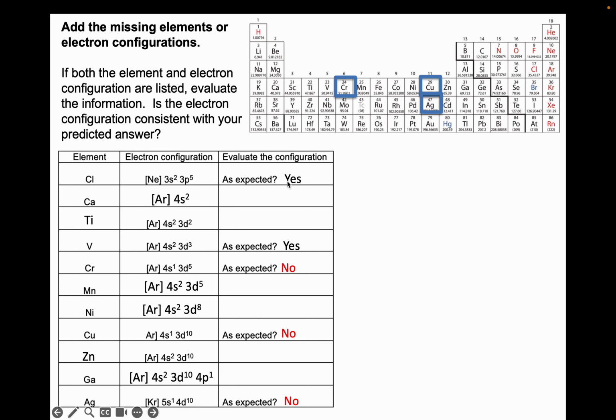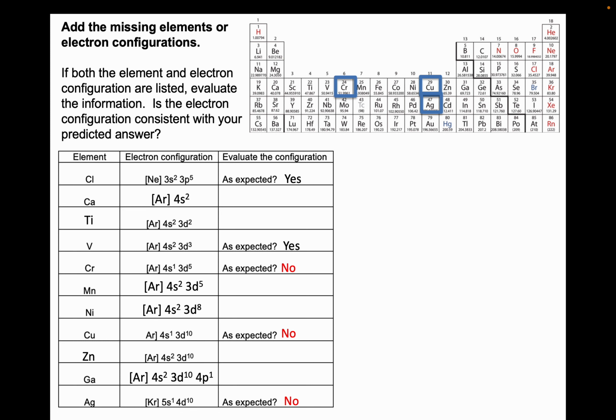Okay, that's what I would have expected based on the pattern that we're finding on the periodic table. Similarly, if I analyze vanadium, vanadium is right here. That would be argon, 4s2, 3d1, 2, 3. Okay, that's what's listed here for vanadium.